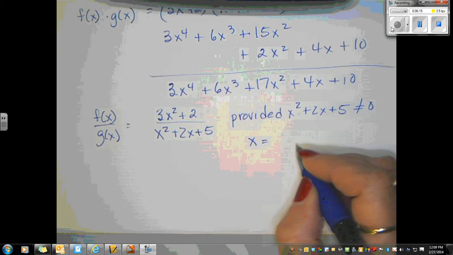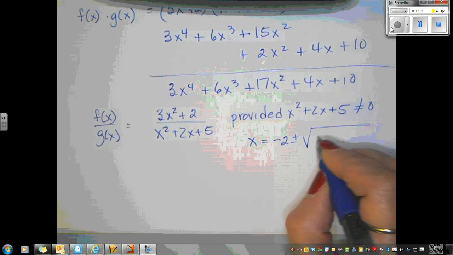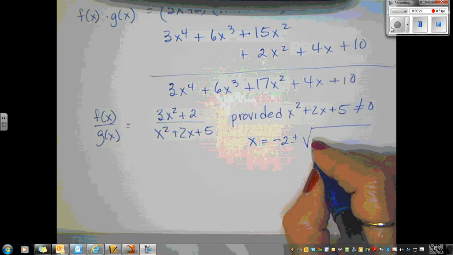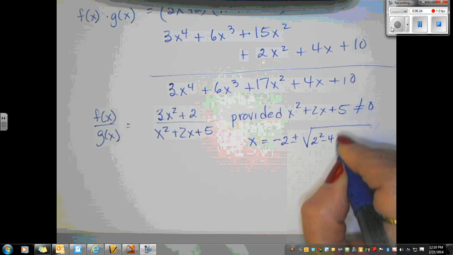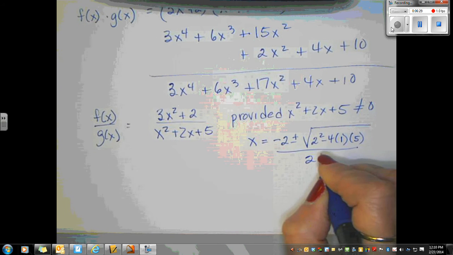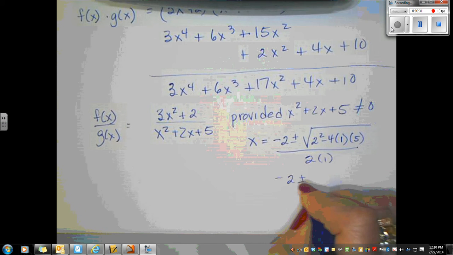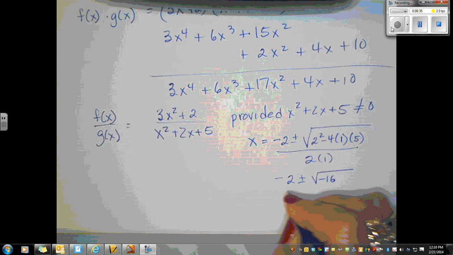And we say negative 2 plus or minus square root of 2 squared minus 4ac over 2 times a. Negative 2 plus or minus square root of 4 minus 20, negative 16 over 2.